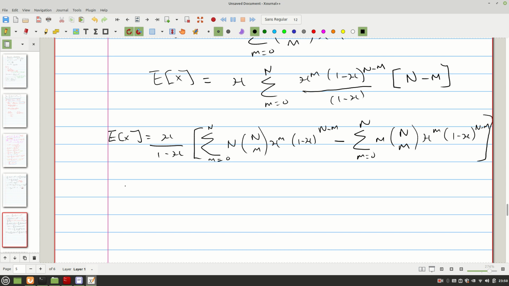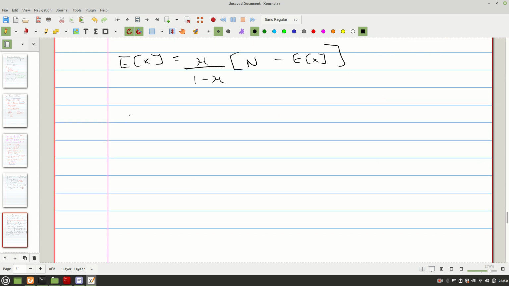So we end up with the expectation of x is equal to mu over 1 minus mu times n minus the expectation of x, which means that the expectation of x is equal to n mu over 1 minus mu minus the expectation of x times mu over 1 minus mu.